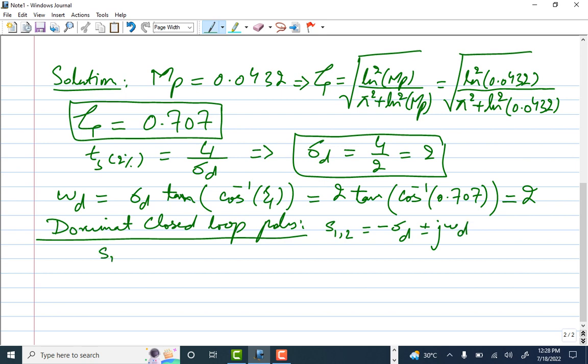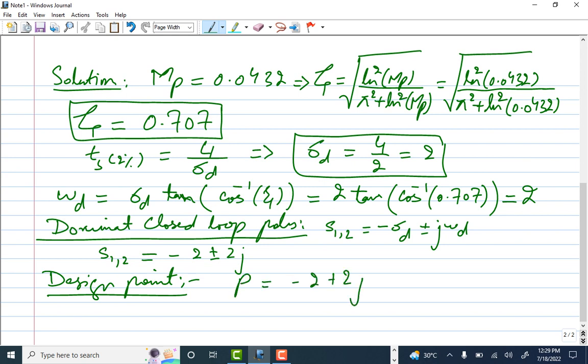From here s1, s2 becomes minus 2 plus minus 2j. Now we have to use the design point. The design point that we choose is P, equal to minus 2 plus 2j. This is the basic thing we normally do for all types of designs up till now.